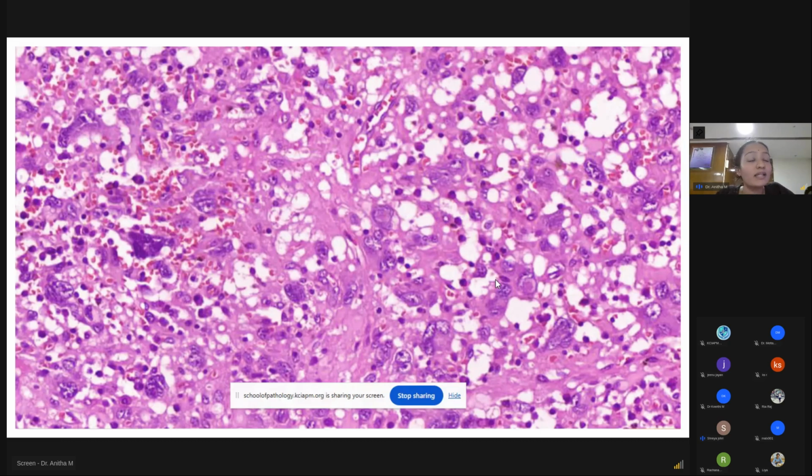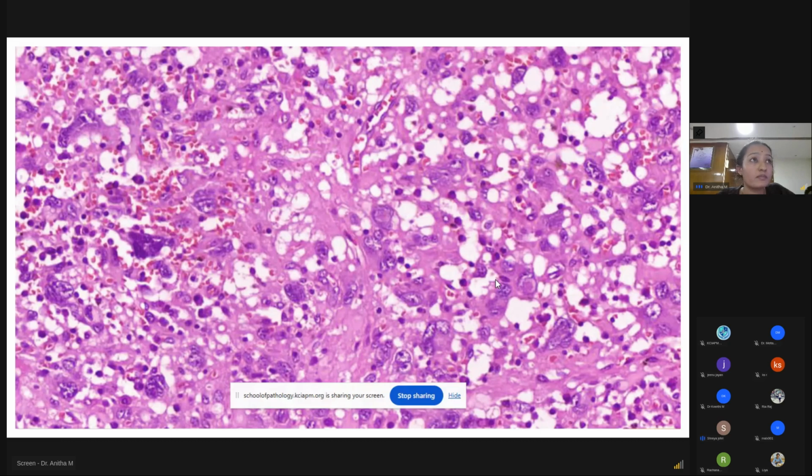In WHO, for composite hemangioendothelioma, it should have at least two distinct morphological patterns in the tumor, like a combination of angiosarcomatous areas with retiform hemangioendothelioma or epithelioid hemangioendothelioma. That is how it is described. And the other DD that you have given will not have this much amount of pleomorphic cells, and it will also be a locally aggressive tumor. So what IHCs do you want to suggest from here?